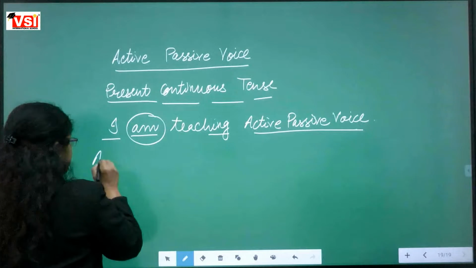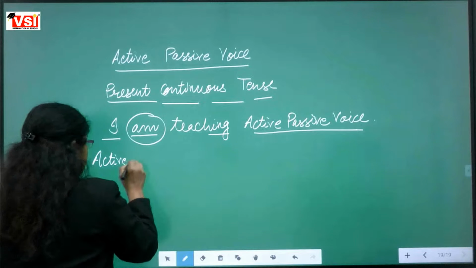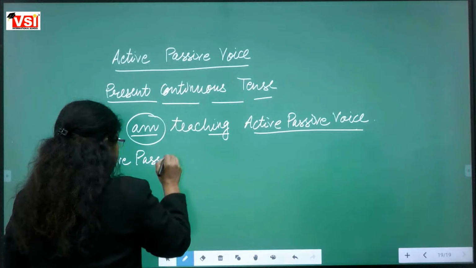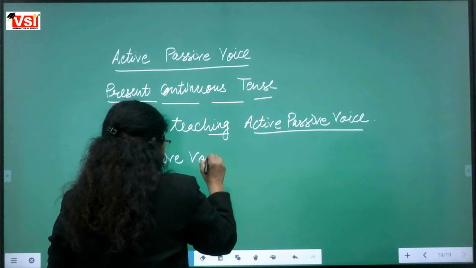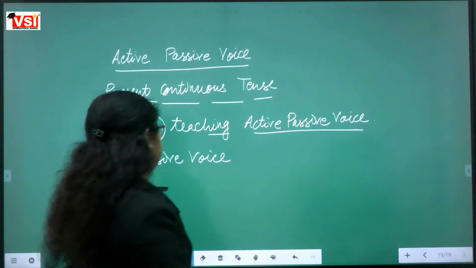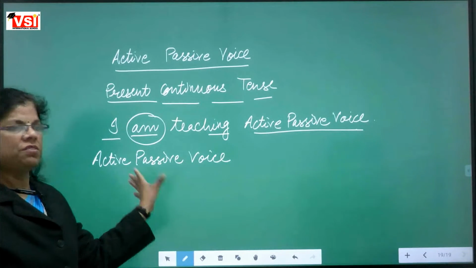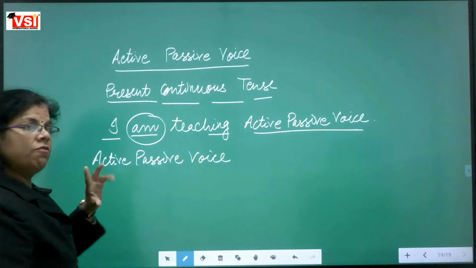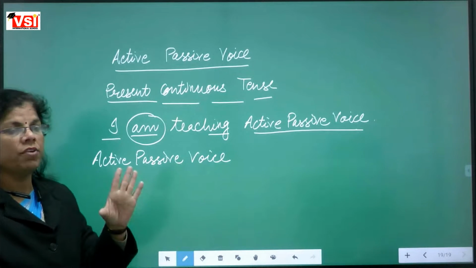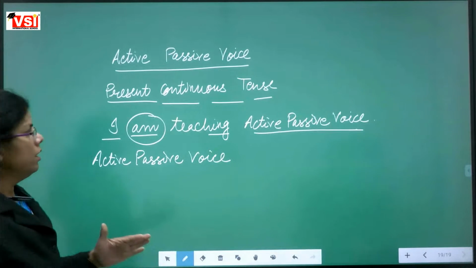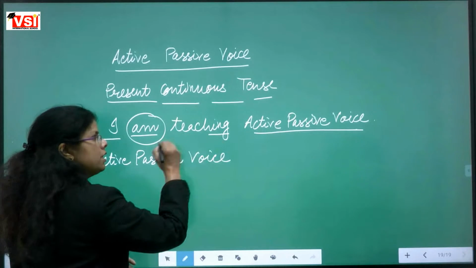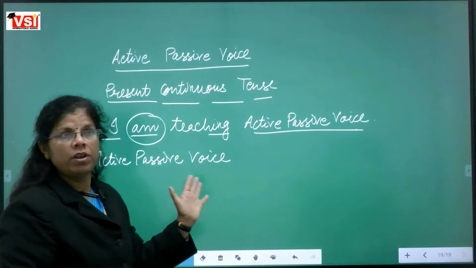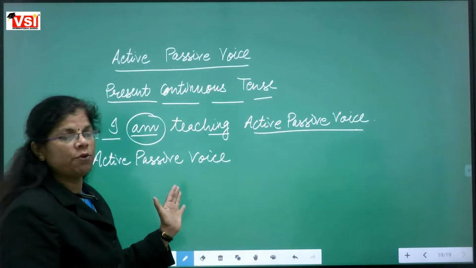So we are writing active passive voice. Fine. This was the first basic rule. Now the second basic rule, we discussed that we have to use be form. Now we are having present continuous. So which form of verb will be used? First form, second form or third form?